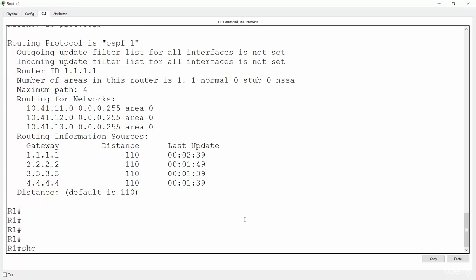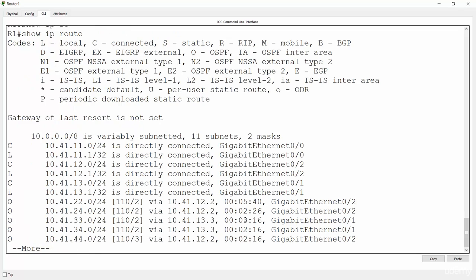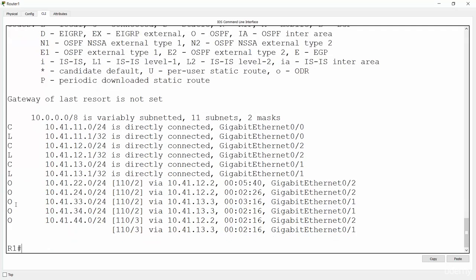And let's take a look at the show ip route command. Alright, as you can remember from our previous sessions, connected and local links automatically appear in my show ip route output. But what I also need to see here is that I'm learning 5 different networks using the O, which means OSPF.